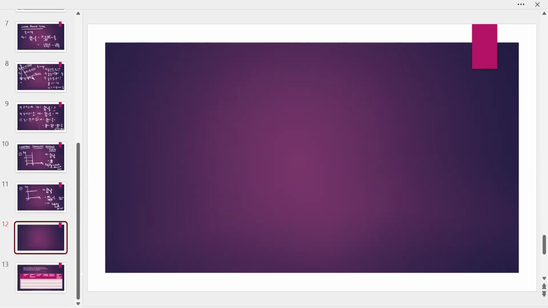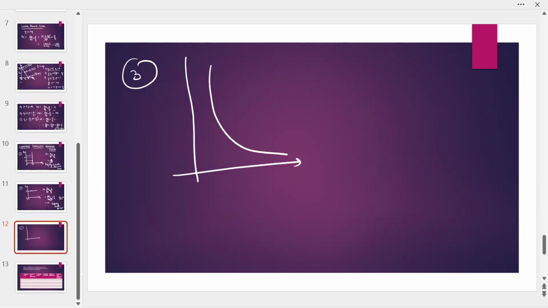So next, consider the third case, the case of a constant elasticity demand curve. It is this.